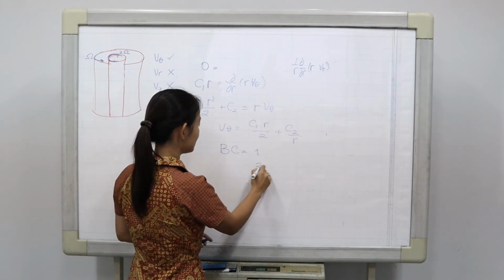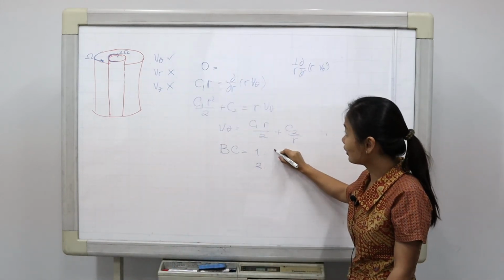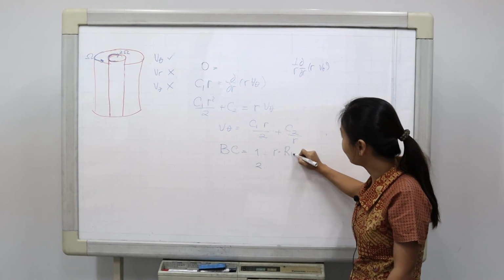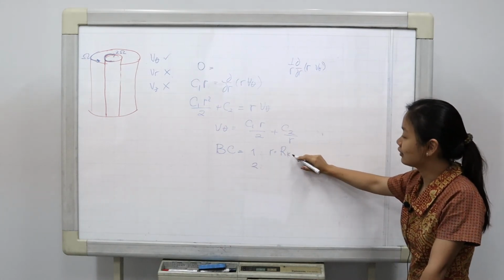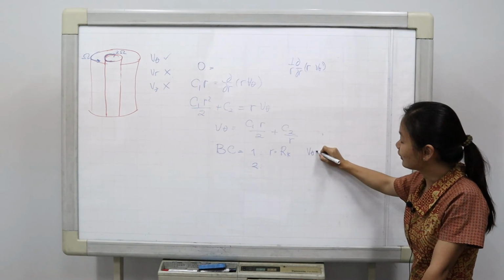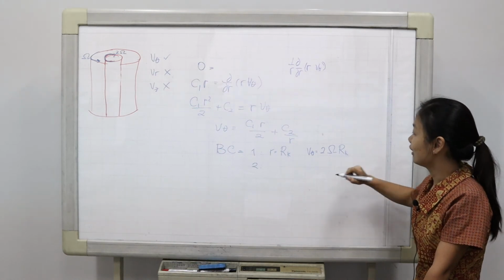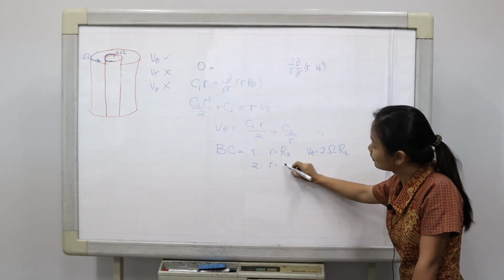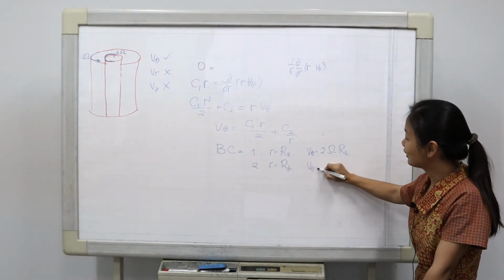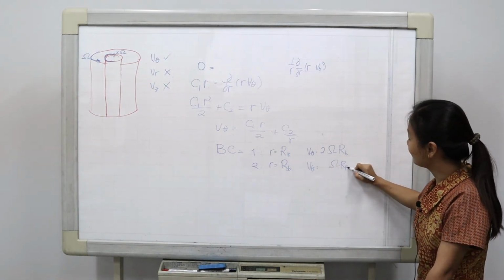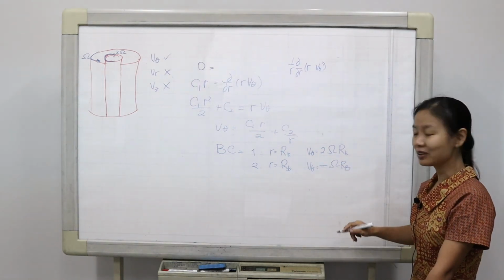The first boundary condition: at r equal to kappa R, the radius of the small cylinder, the velocity is omega times kappa R. The second: at r equal to R, the big cylinder, the velocity is omega R. Don't forget to put a minus. Why do we need the minus?